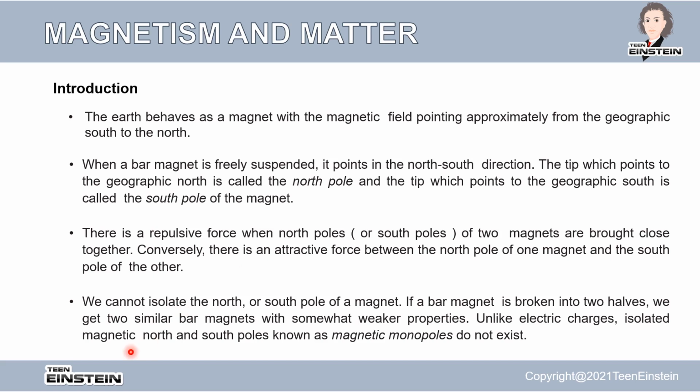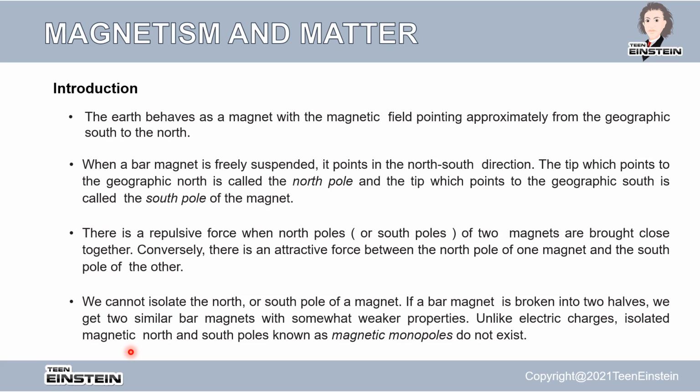We cannot isolate the north or south pole of a magnet. This is a very important property of a magnet because you cannot isolate north and south pole. Even if you take a bar magnet and cut it into 1,000 pieces, you cannot separate a north pole from its south pole because the magnetic monopole does not exist. Electric monopoles exist.